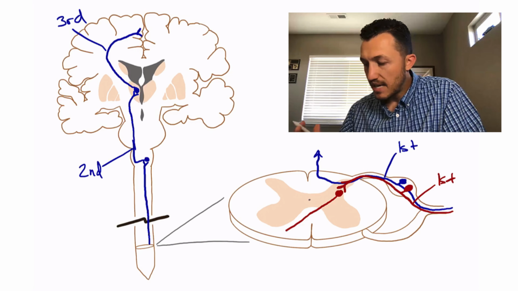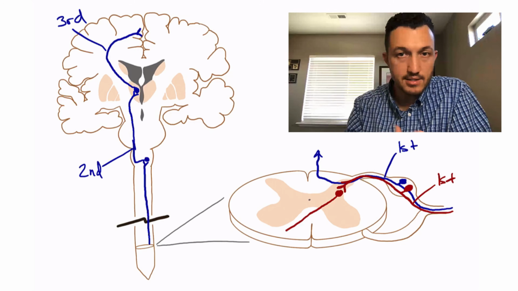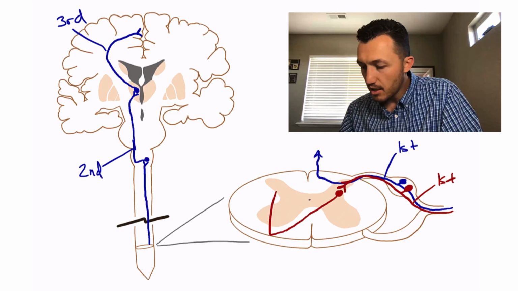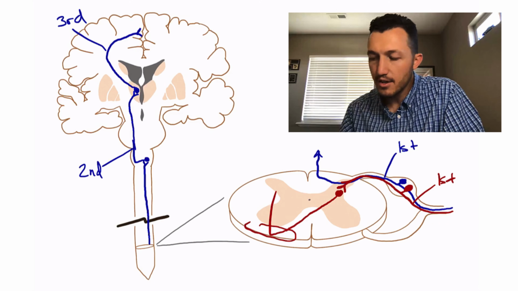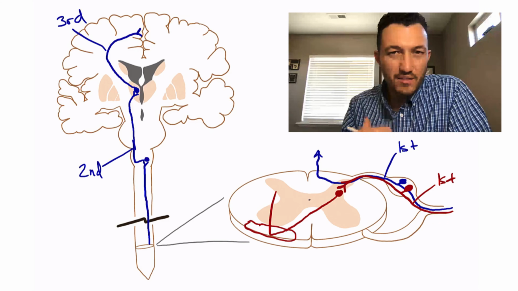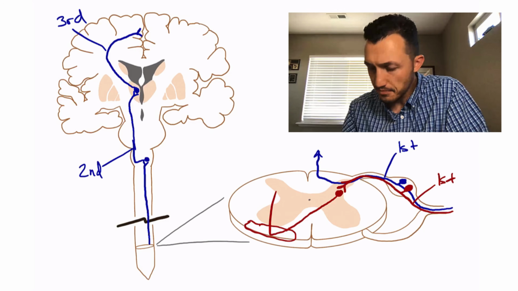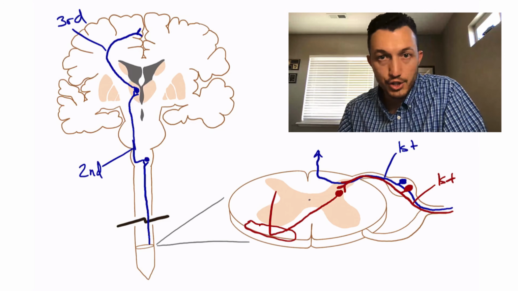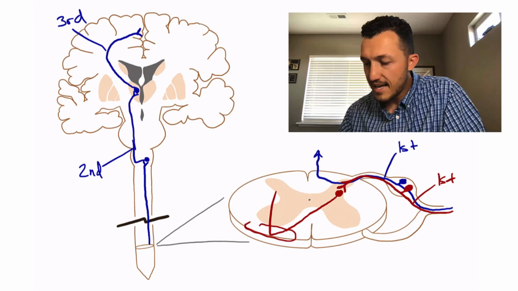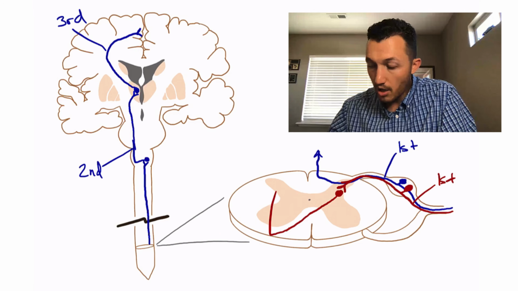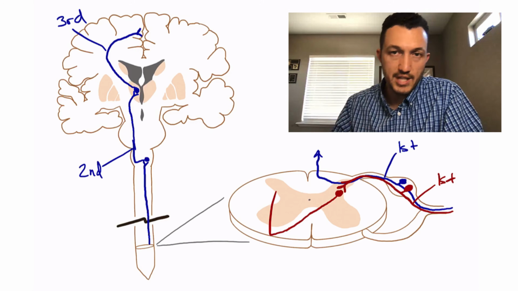So that second order neuron immediately crosses midline, it immediately decussates, and then it will ascend here within kind of an anterior white matter track right in front of that anterior horn of the white matter called the spinothalamic tract. Okay, so it will ascend in that part of the spinal cord and the white matter on the contralateral side from which that pathway entered.